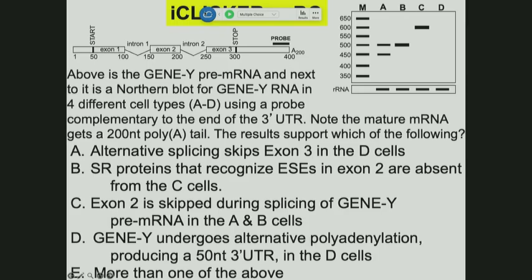What about B? SR proteins that recognize ESCs in exon 2 are absent from the C cells. What are ESCs? We used that term in the last class. Yes? An exon splice enhancer. And what do they do? Yeah, exactly.